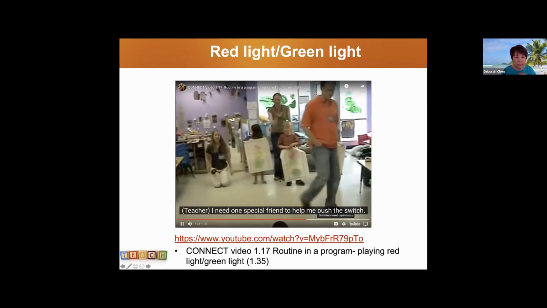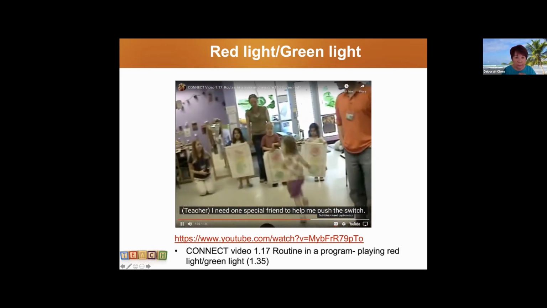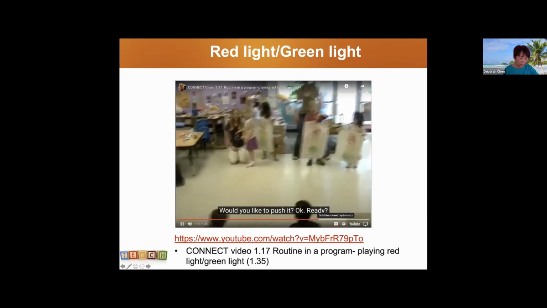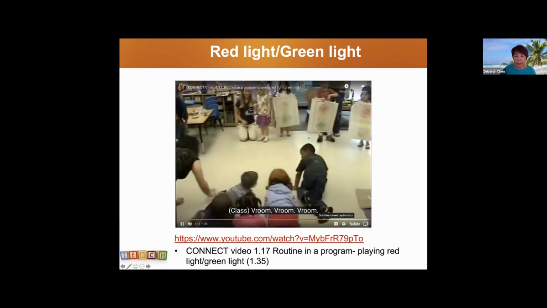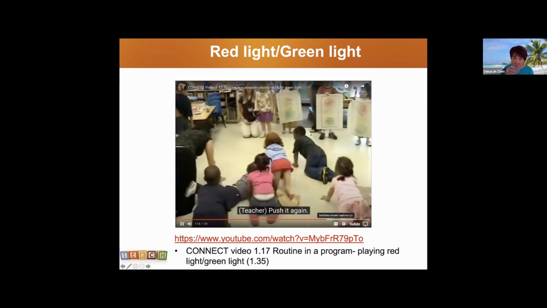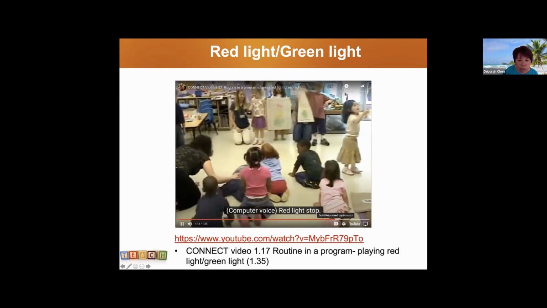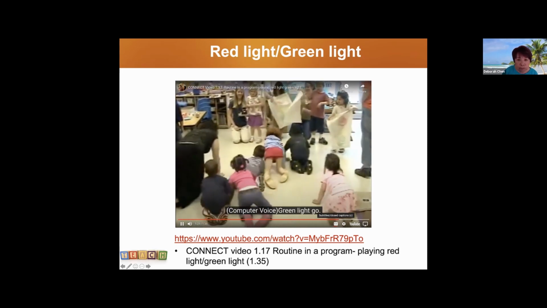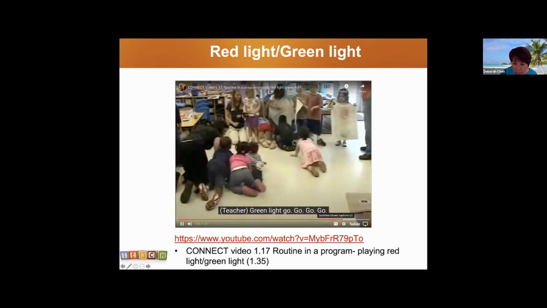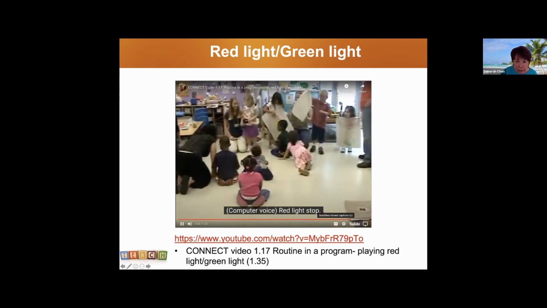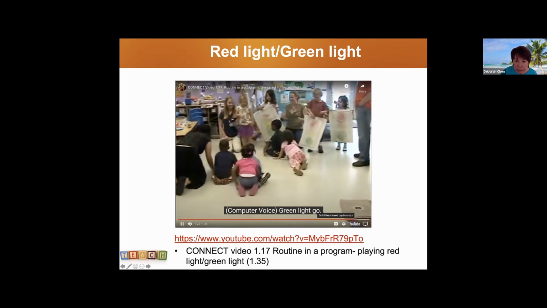I need one special friend to help me push the switch. Would you like to push it? Okay. Ready? Green light, go. Red light, stop. Look at stop. Hey, what do you want? Green light, go. Go, go, go.